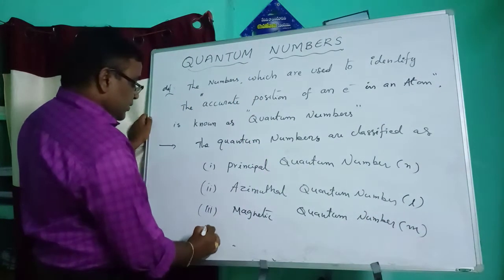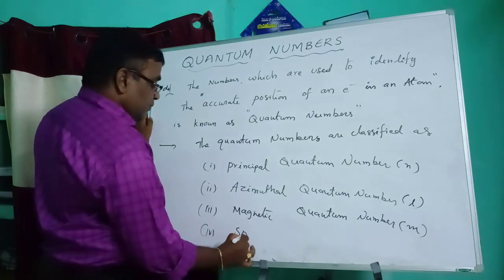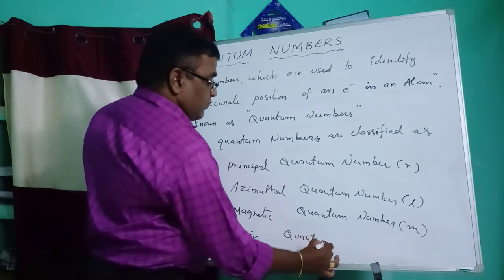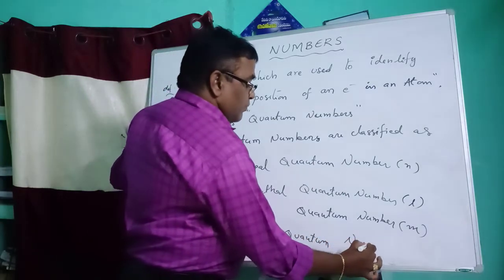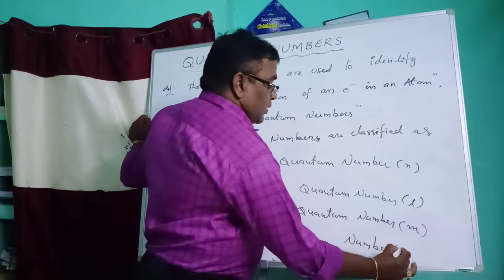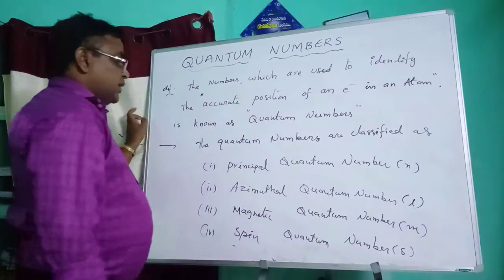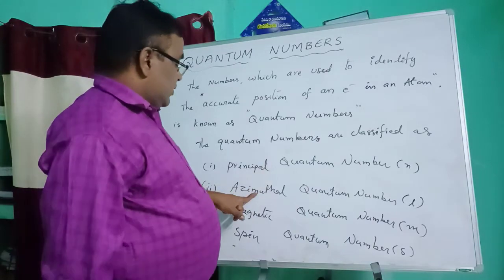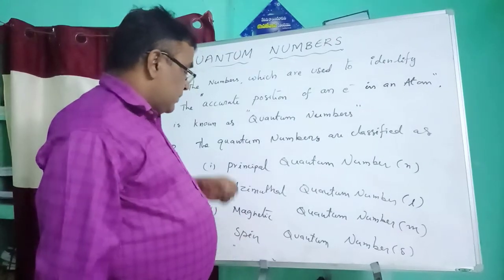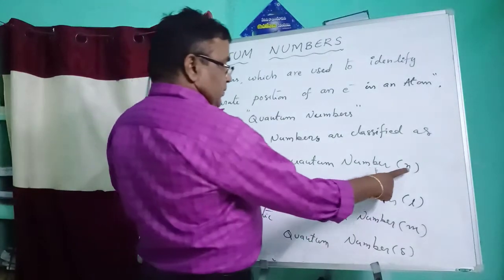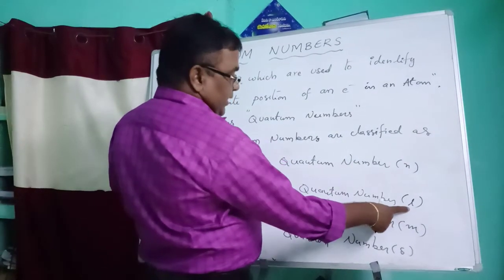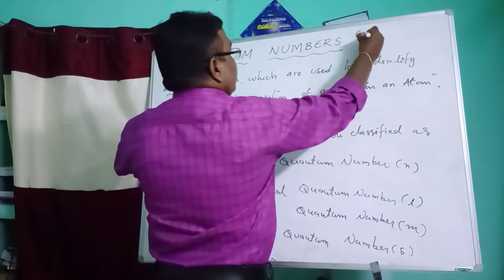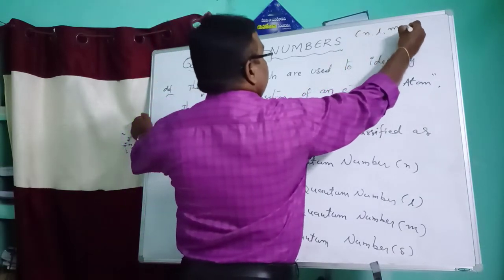The fourth one is spin quantum number. So there are 4 quantum numbers: principal, azimuthal, magnetic, and spin, with symbols n, l, m and s.